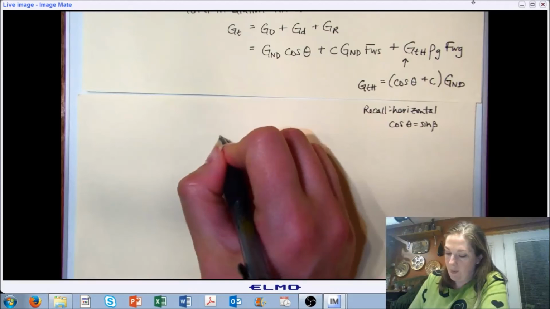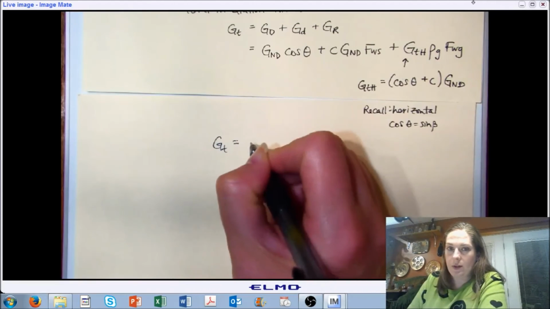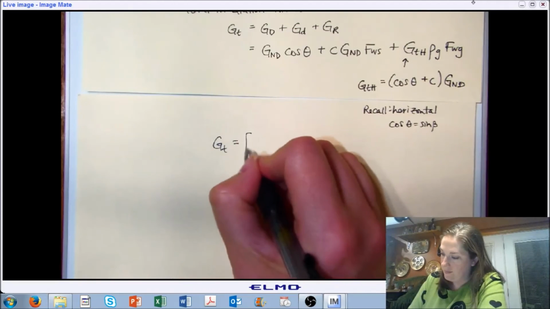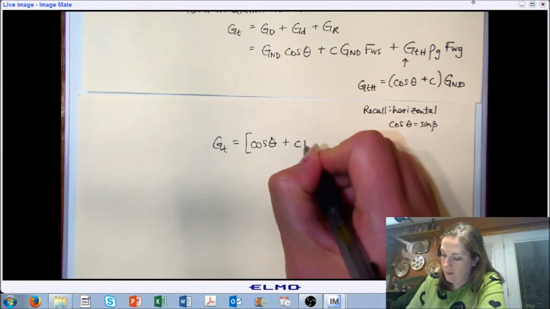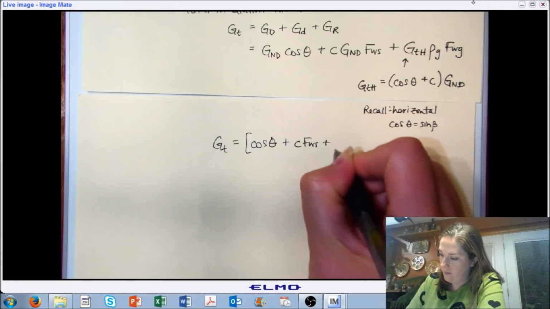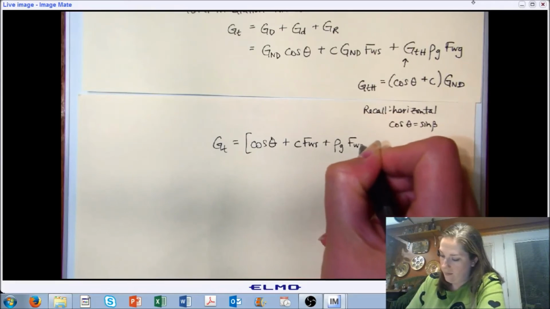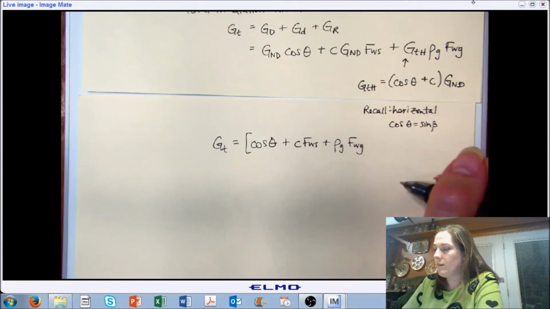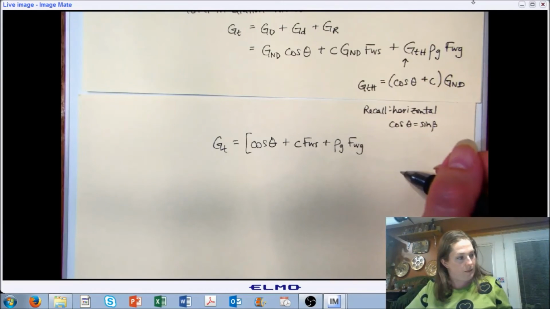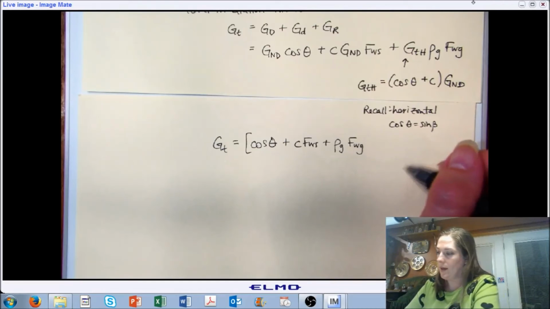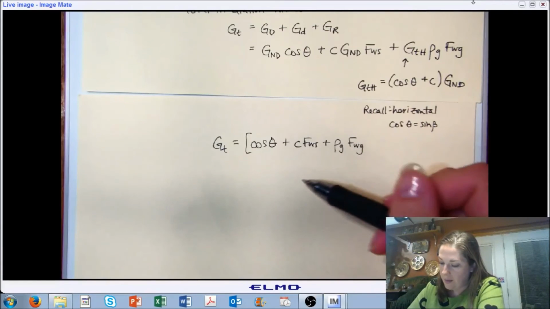And so if we want to simplify this equation, our total irradiation onto the surface, I left something out earlier.